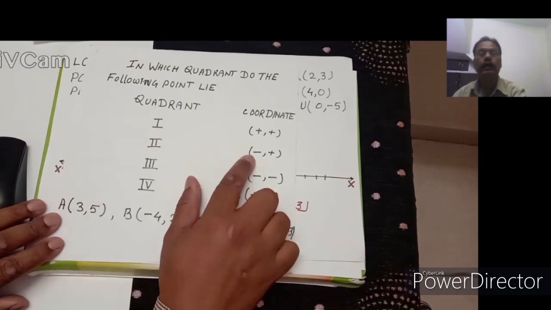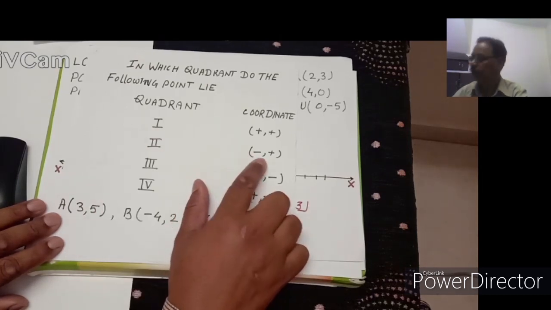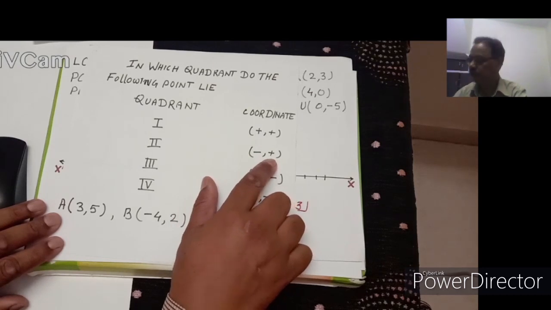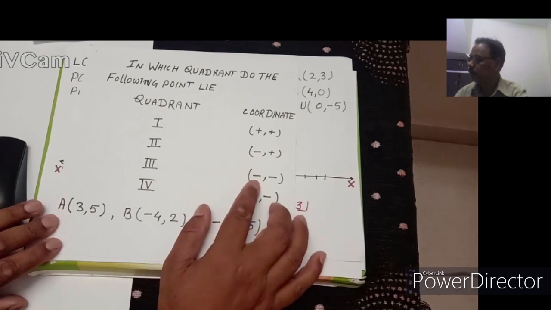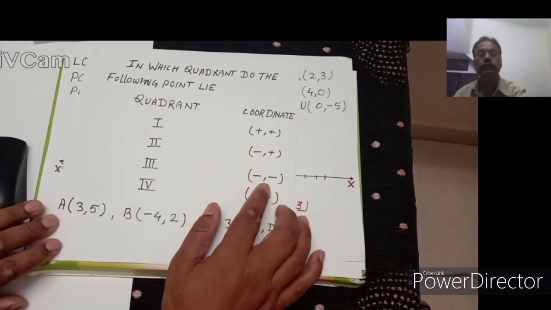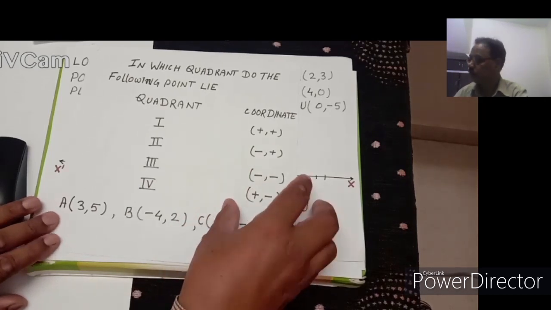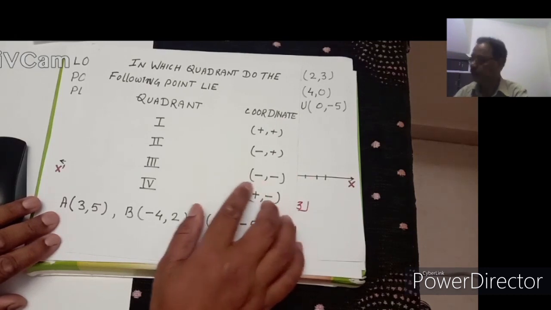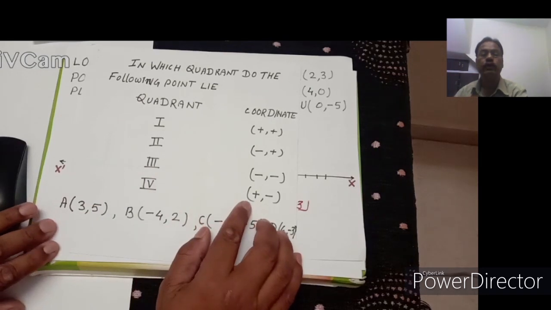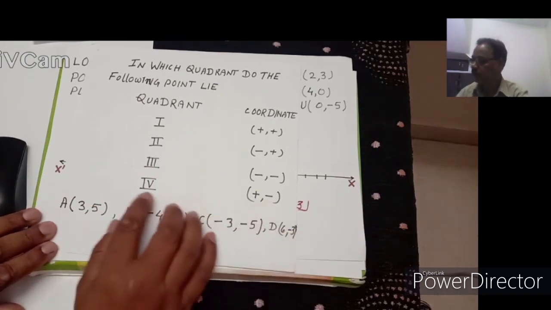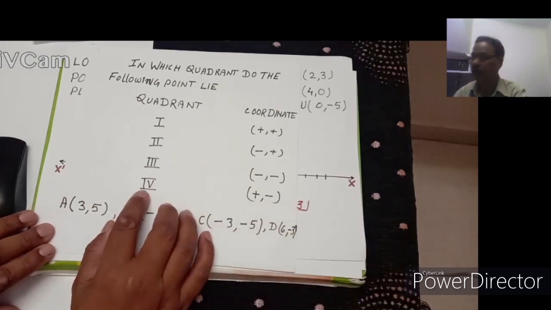If x is negative and y is positive, it will lie in the second quadrant. Similarly, if both are negative, x negative and y negative, it will lie in the third quadrant, and x positive and y negative, it will lie in the fourth quadrant.